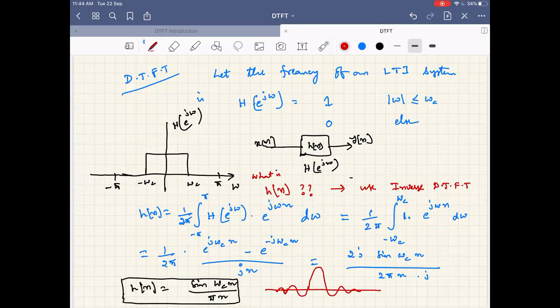This is the sinc function. It dies down. So this is 0, and this is minus something and this is plus something. Can you tell what are the 0 points here?